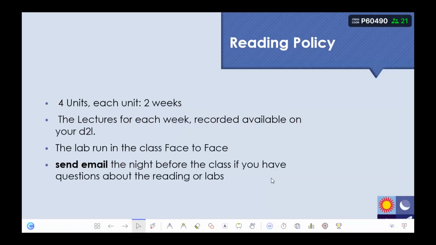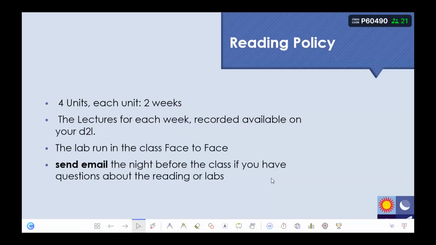No. The lab is completely in person. In an emergency situation, if we decide to cancel the face-to-face class, you will be informed, and we would run those labs online. But almost all of the labs are in person and face-to-face.